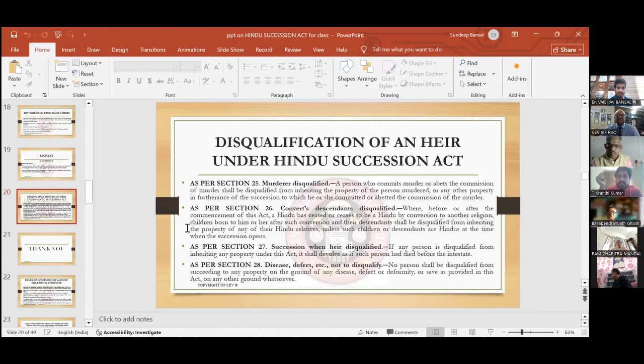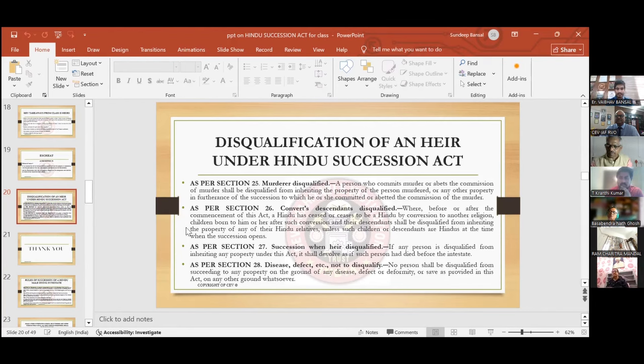In the same way, if a person did a murder outside, does he have a right to the property? Sir, if he has murdered the propositus, then only he is disqualified. If he murdered someone else, he will not come into the picture. Only when he murdered the propositus, for succession purposes only. Here the factum and animus is that he murdered his propositus solely for the purpose of succession. Clear.